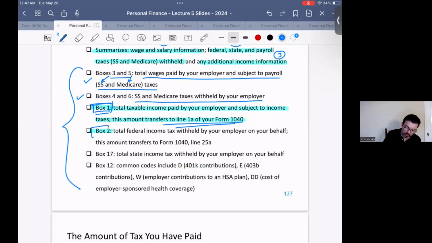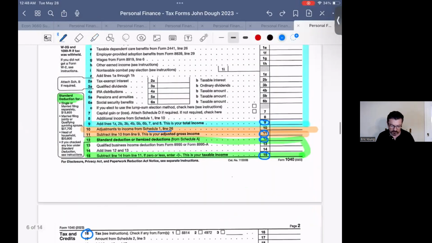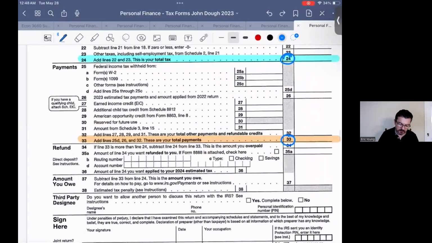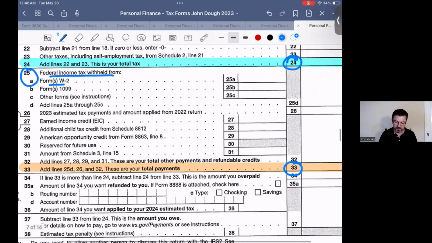Now, whereas box 1 shows the income basis that's going to be reported, box 2 shows the total federal taxes that your employer withheld on your behalf. And that's going to transfer right here, under payments, box 25a, federal tax withheld from Form W-2.